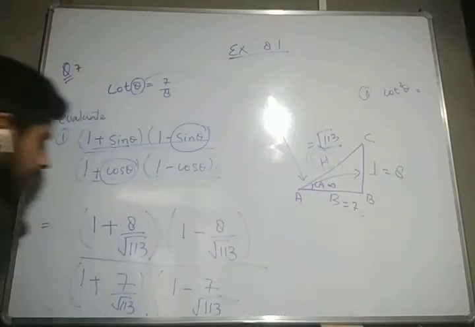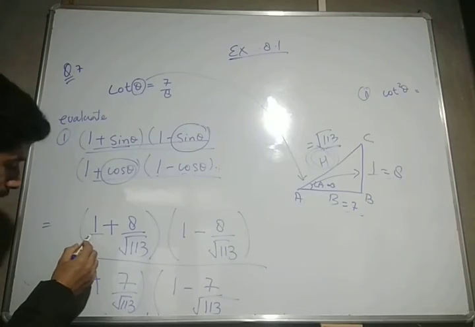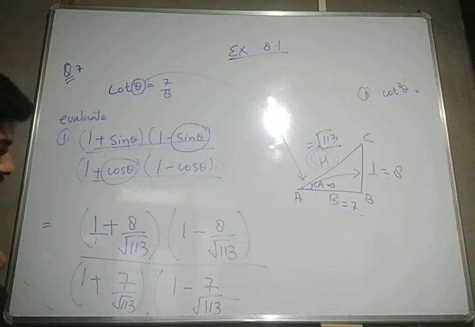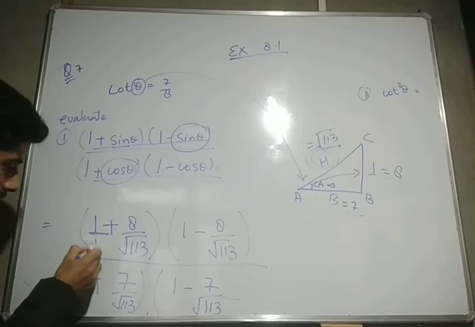Now these are rational numbers. When anything is not divided, it's always 1. So let's add these rational numbers.